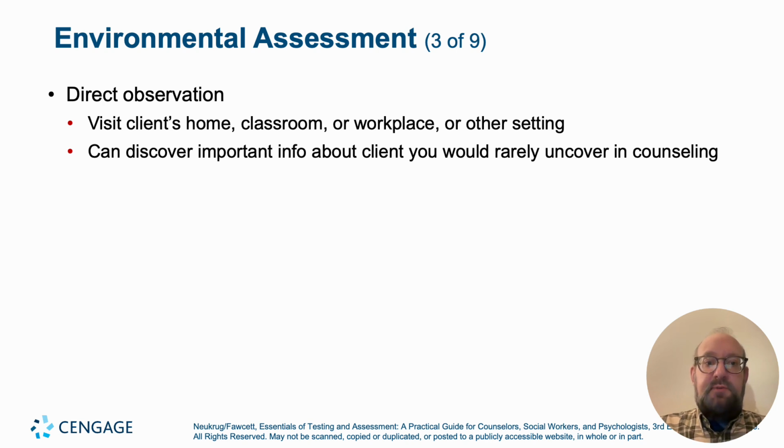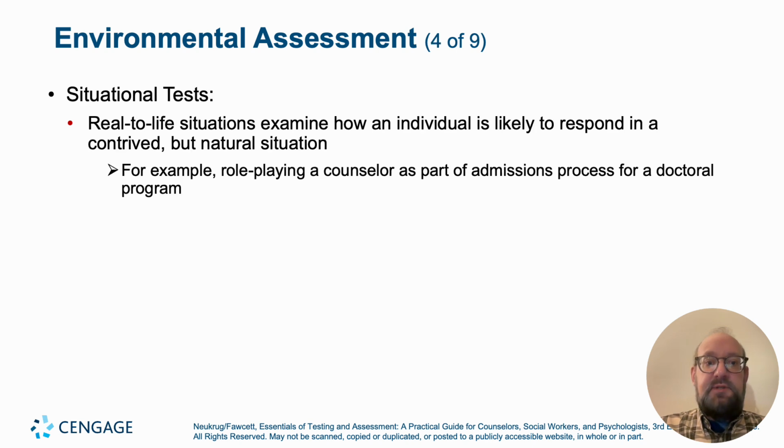The direct observation can be within a client's home, whatever setting that might be, or a different setting. We have the situational tests, those real life situations where we can really see how the client responds. Role play is a great example, actually.